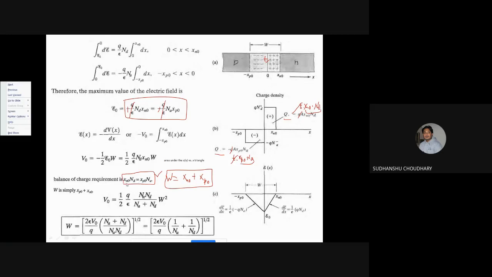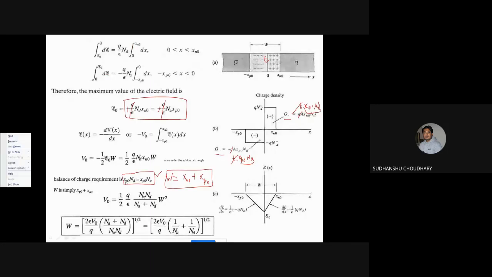So Xn naught will be equal to how much? Xp naught times Na divided by Nd. So Xn naught is equal to Xp naught Na divided by Nd. So I have this relation now.